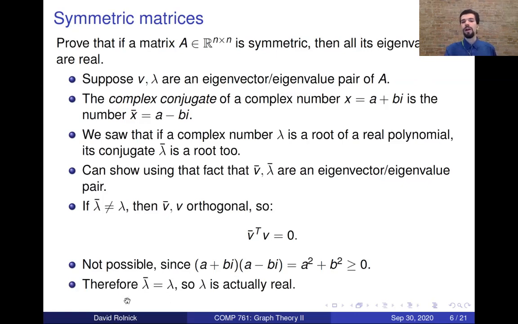Now, when is lambda bar equal to lambda? That is the case when lambda is actually a real number. The only case when a plus bi is equal to a minus bi is if b is equal to 0. So that shows that there can actually be no eigenvalues except for real eigenvalues if the matrix is symmetric.